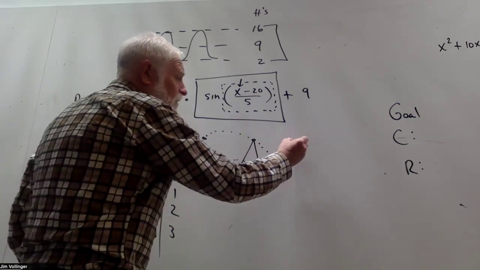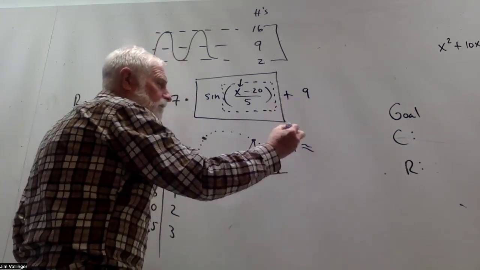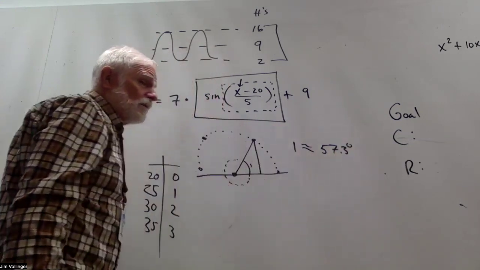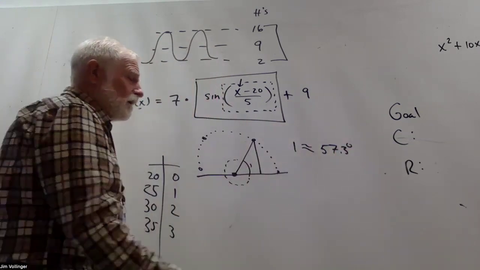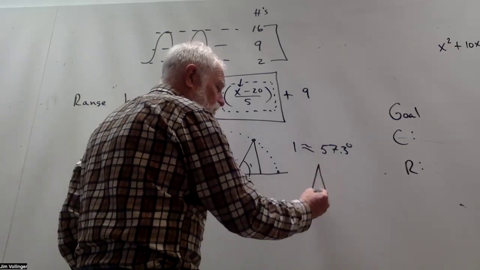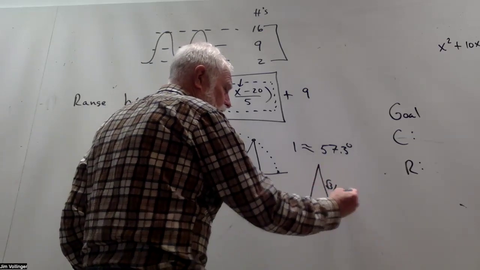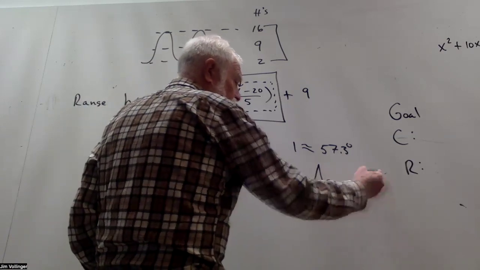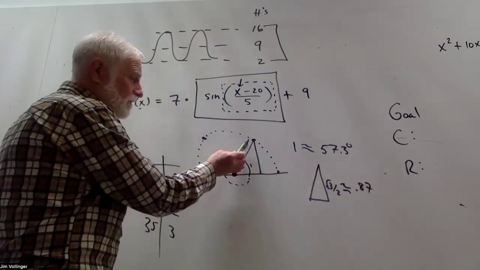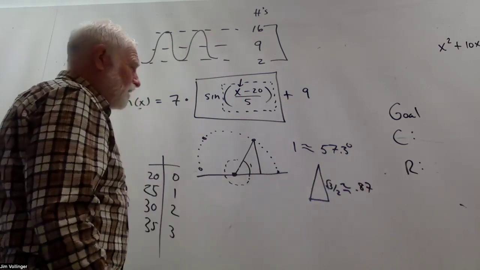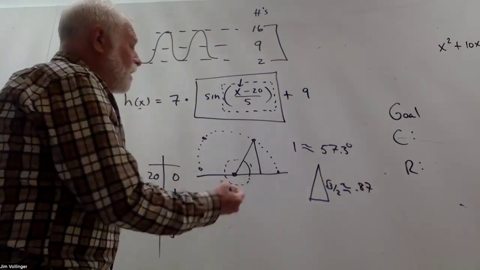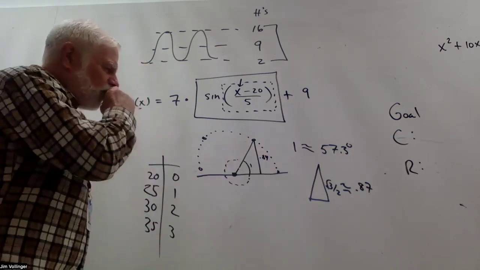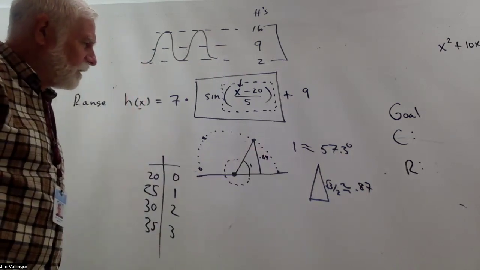Well, I've been asking you to memorize that 1 radian is about 57.3 degrees, which is darn close to 60 degrees. And what do we say for 60 degrees? Root 3 over 2, and that's approximately 0.87. This is just a little smaller, so maybe 0.83, something like that. But at least we start to get it; I'll put 0.84 here. I think I remember doing that once before. That's a little closer.